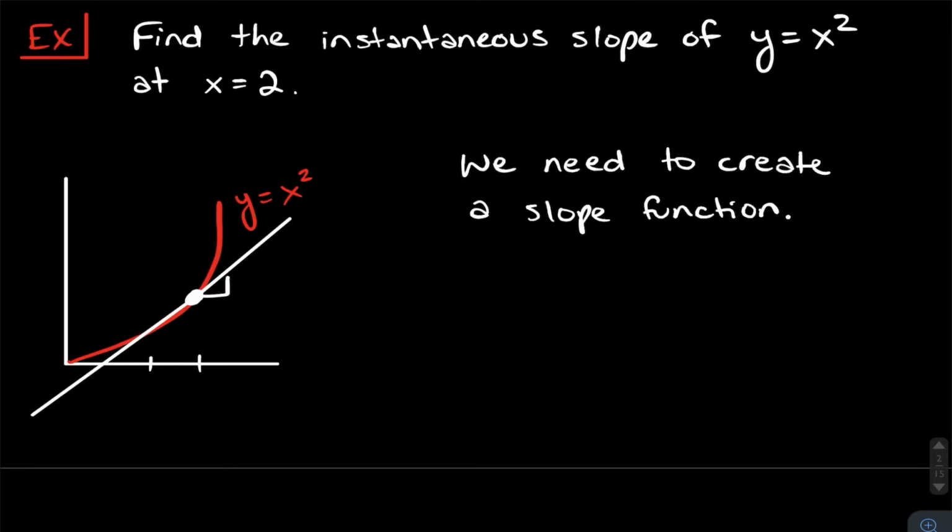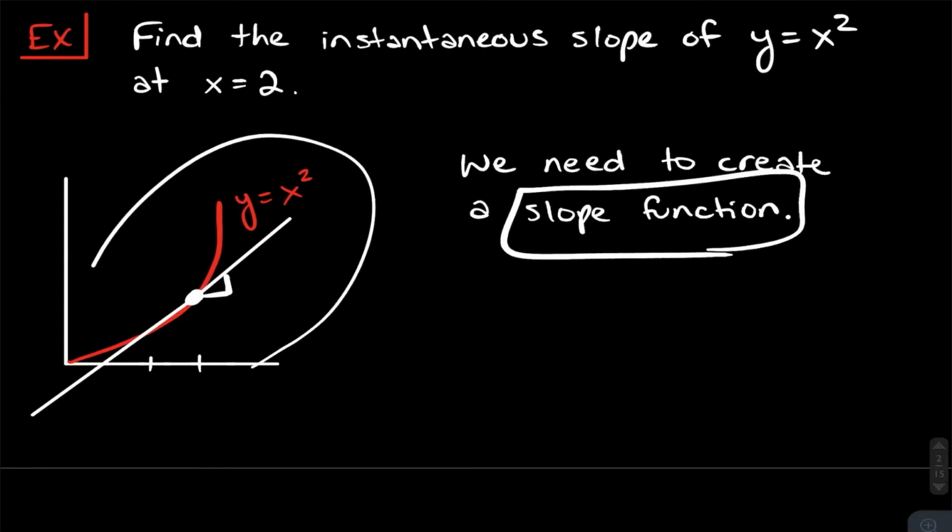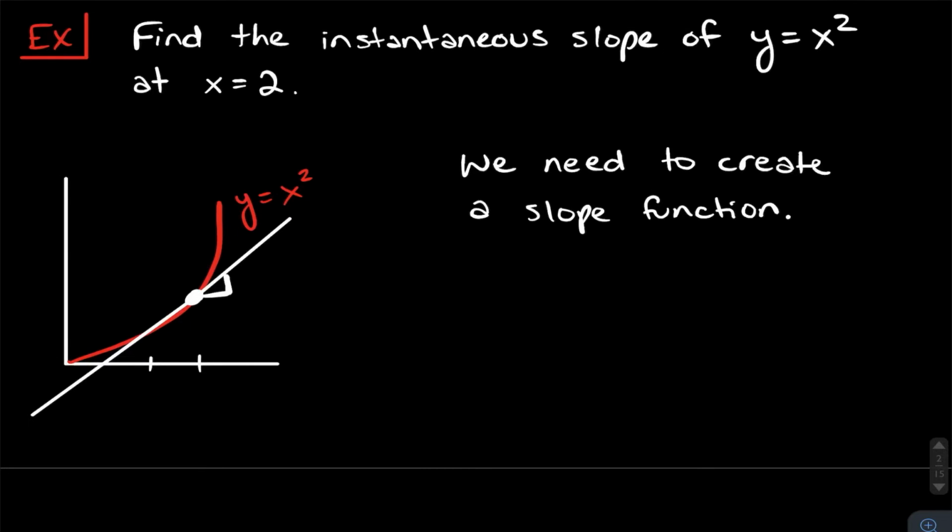We want a function that is going to tell us what the slope is of this graph at every x value, at every point. And that's called the derivative. That's what the derivative is. So the derivative of y equals x squared is a slope function, and it gives you the slope of this graph at every x value.